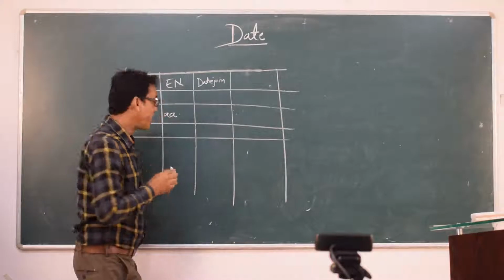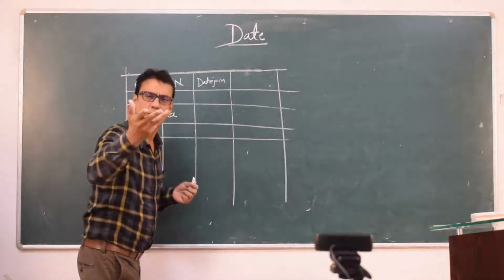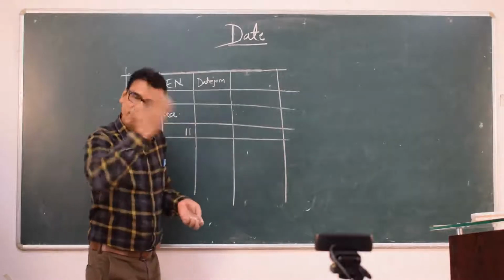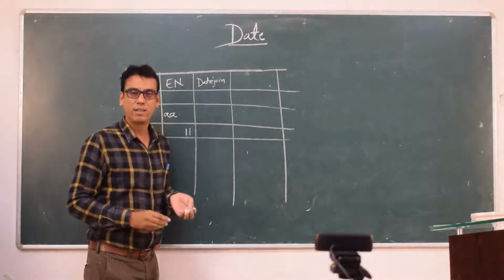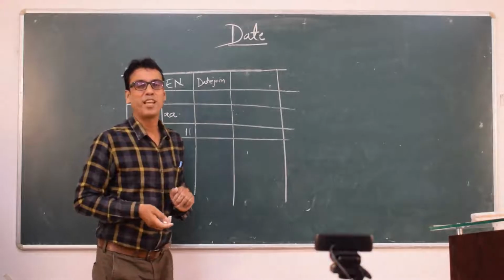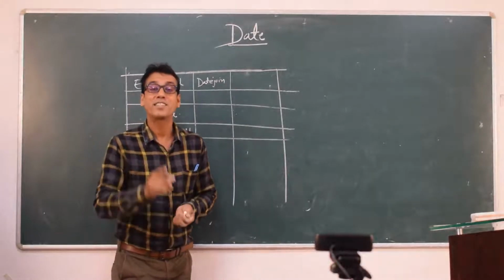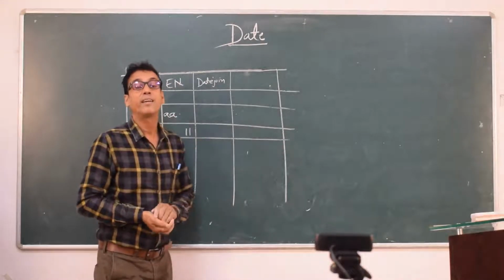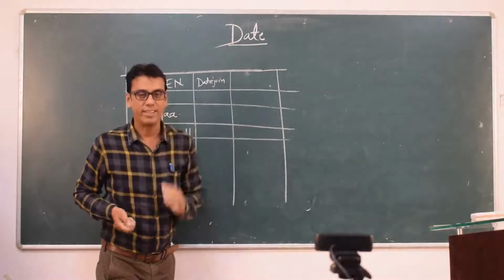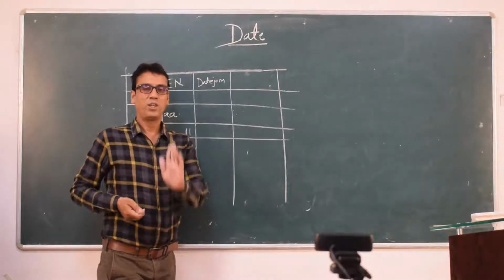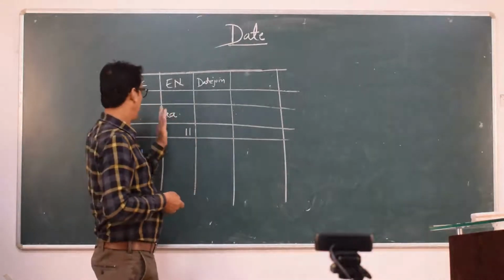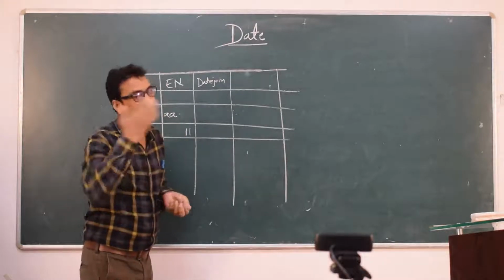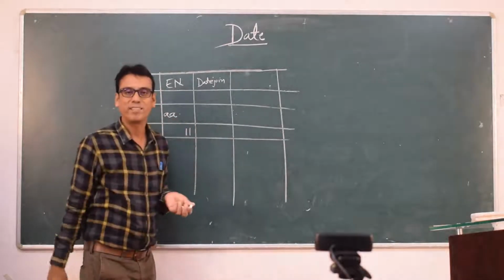But when you enter, suppose, 1 and press enter, it will be right aligned. What does it signify? It signifies that Excel understands that this is string data and this is number data, and accordingly Excel treats the data. Excel always left justifies the string data and right justifies the numerical data.